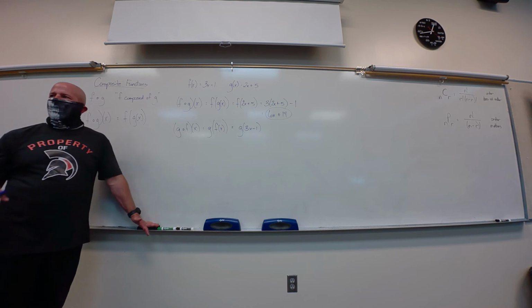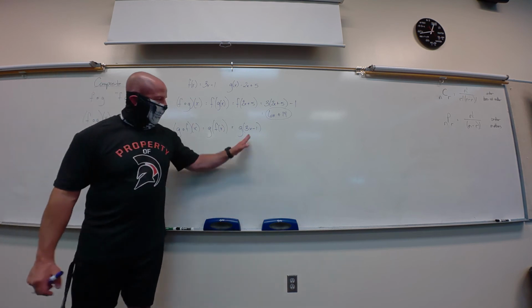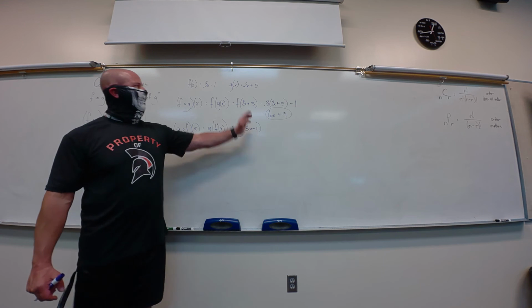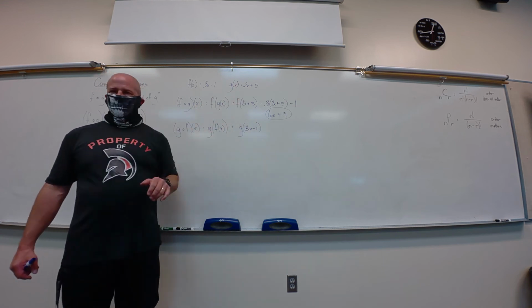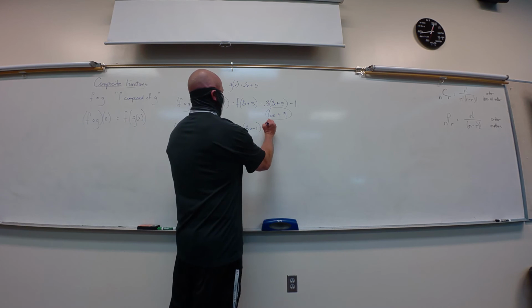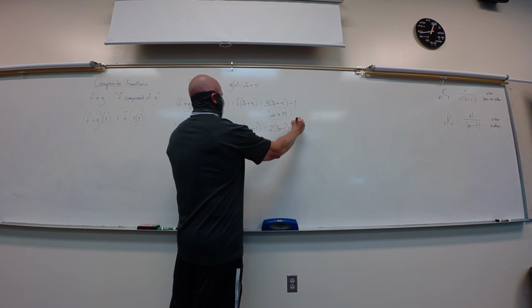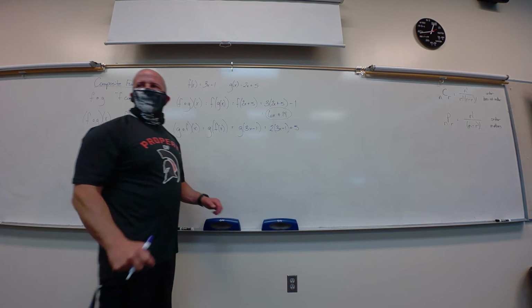So back to what we were talking about before. G of whatever's in here. So whatever's in here is going to go in for x in that g function. This time it's just 3x minus 1. So we're going to have 2 times 3x minus 1, plus 5.